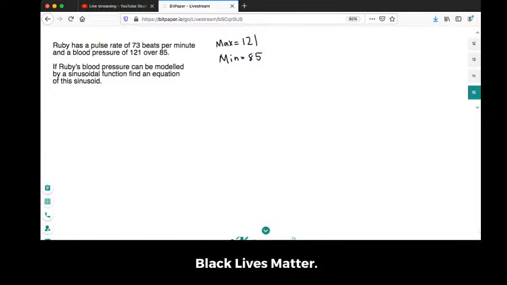And then I'm also going to assume that 73 is our period, because it's saying that she has 73 beats per minute. Blood pressure is very much related to your heart rate. It's a little bit more complicated than that, but for the purposes of this question, that's what we're going to use as our indicator.